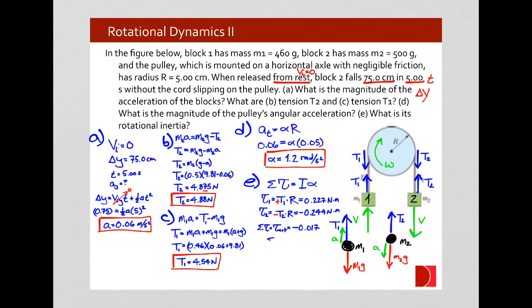Now we know that the sum of our torques is the moment of inertia multiplied by the angular acceleration. We know that the angular acceleration has a magnitude of 1.2, but the angular acceleration should also be negative because it is causing the pulley to rotate clockwise. And that solves our negative problem.